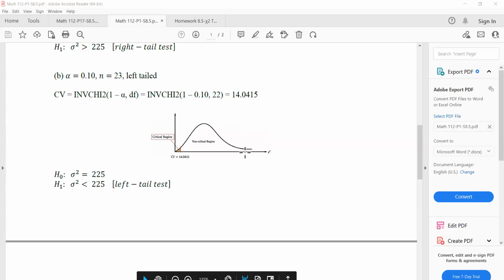All right, so here is part B, right there. You got your critical value, that's 14. So then your critical region is going to be everything to the left of 14.0415.